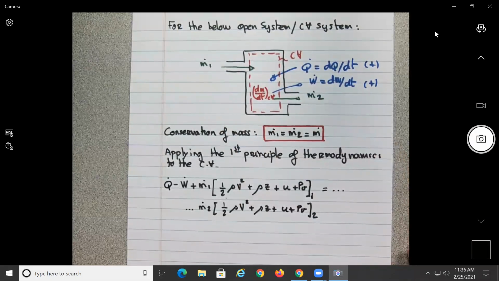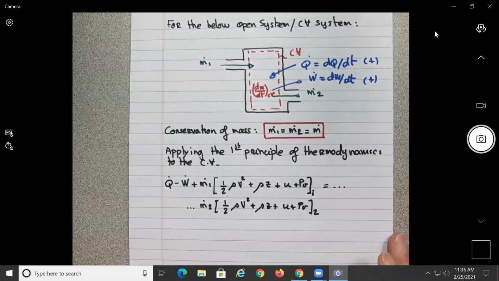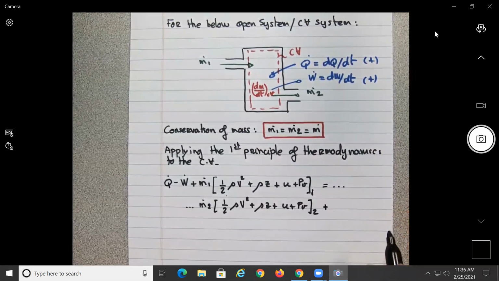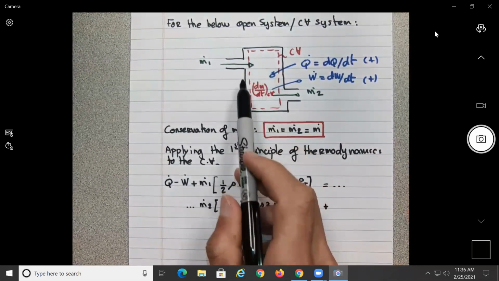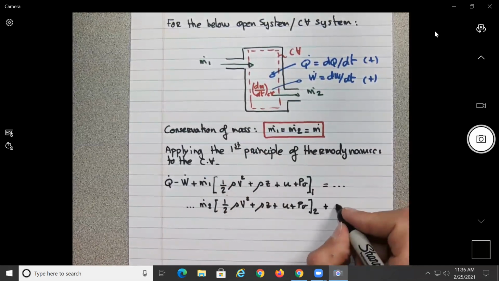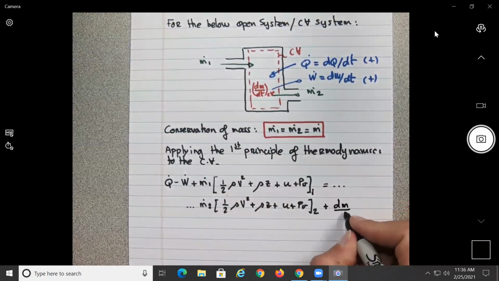And now I'm going to add something just for the equation to be 100% correct, but that term is going to be 0 99% of the time. All right. Plus, what happens if something happens within the control volume? Okay. So let's say plus dm/dt, changes in the control volume.